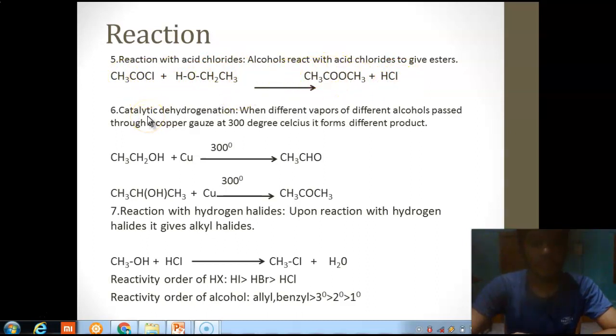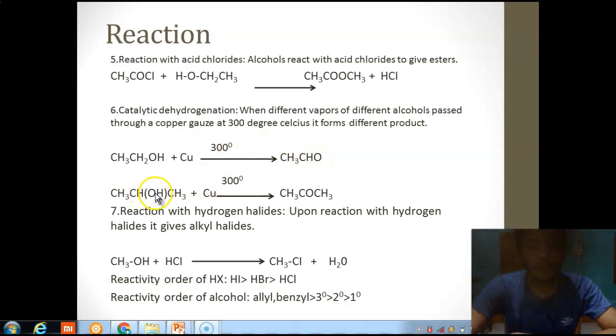Okay, the next reaction, catalytic dehydrogenation. When vapors of different alcohols pass through a copper gauge at 300 degrees Celsius, they will form different products. For example, this one is primary alcohol. Primary alcohol, when passed through a copper gauge at 300 degrees Celsius, will give aldehyde.